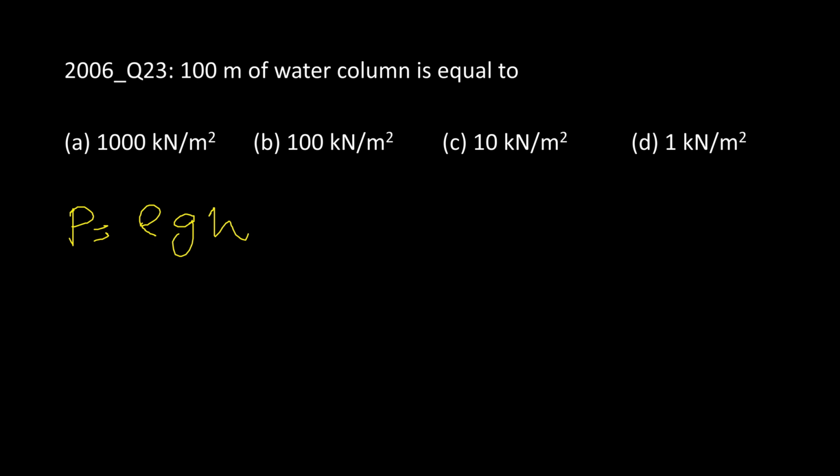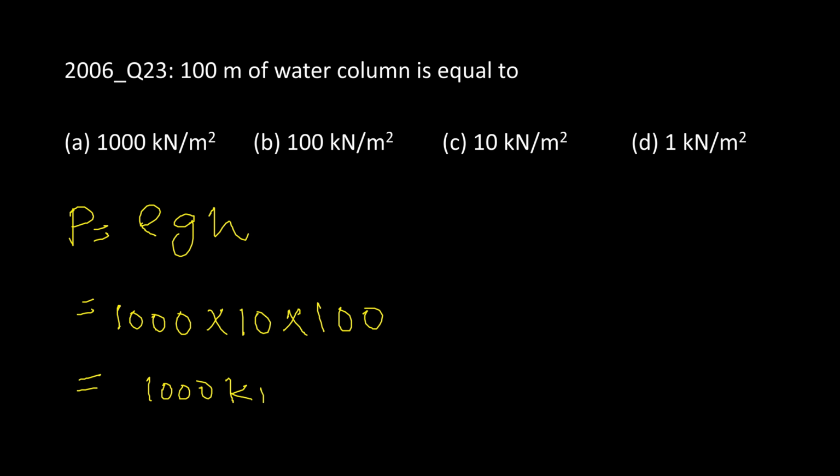Here the liquid is water, so density is 1000 and g is approximately 10 meters per second square, which is actually 9.81, but let's round it off to 10, and the water column h is equal to 100 meters. So the correct answer is 1000 kilonewton per meter square. So option A is the correct answer.